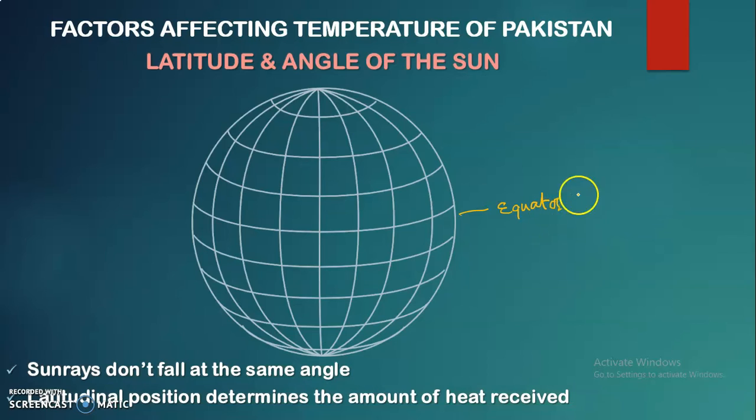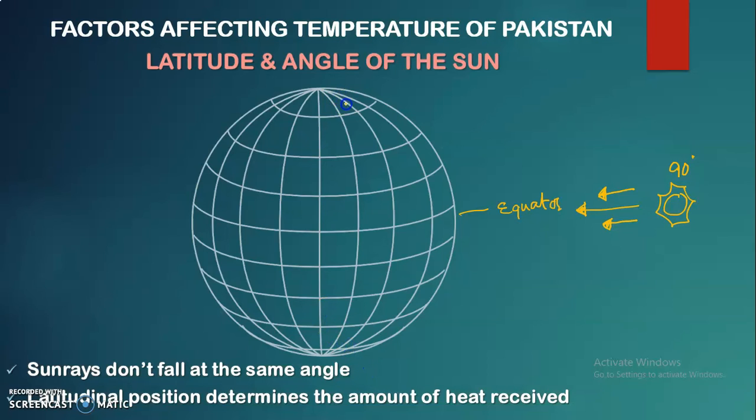And as I said before in the previous slides, no matter what the position of the sun is, the equator would receive the direct sun rays at the angle of 90, no matter where the position of the sun is. But as this point says, the sun rays do not fall at the same angle.